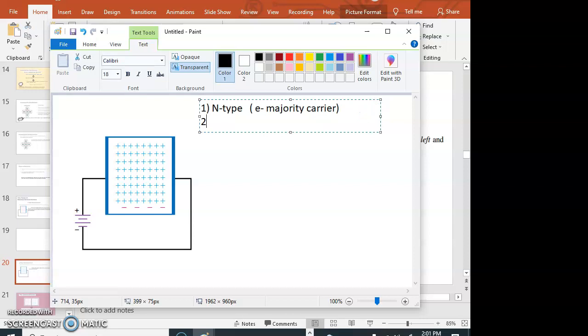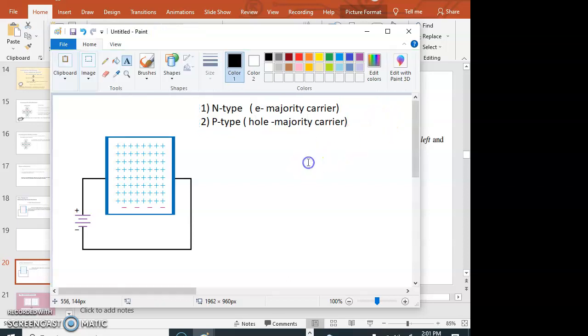Then the next one: when we add trivalent atoms, we create another type of material, a P-type material. Why? Because this time the majority carrier is actually the hole. So the hole is the majority carrier, meaning, as you can see, there are a lot of holes, no?